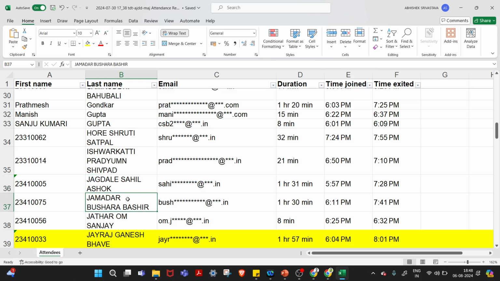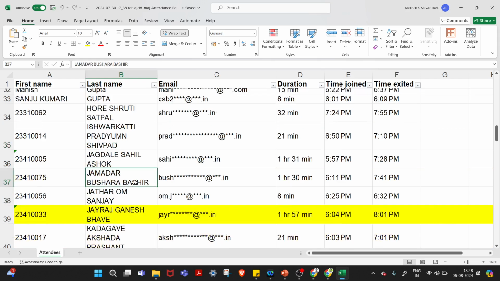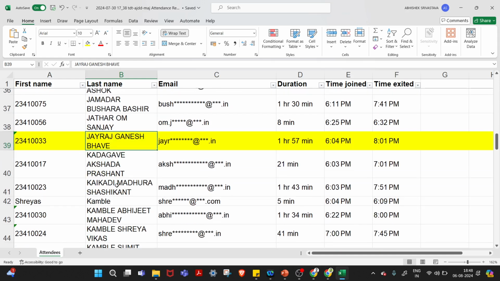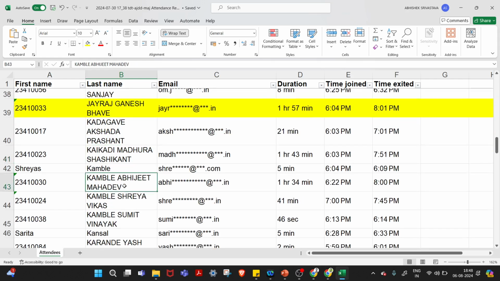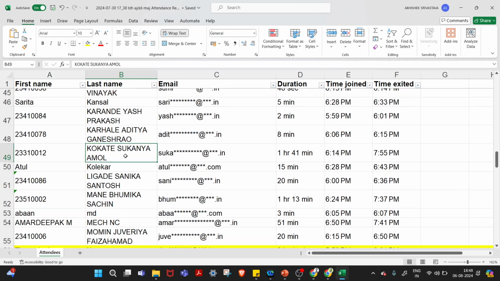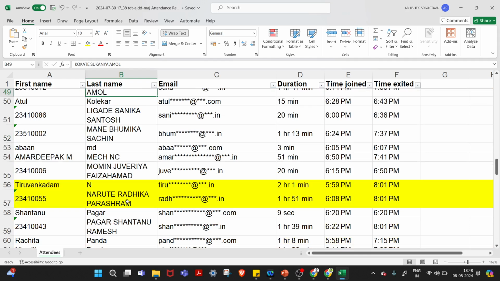Bushara Bashir was also there for more than 1.5 hours. Then we had Jairaj Ganesh Bhave, who stayed for quite a long while. Madhura Shashikant, Abhijit Mahadev Kamble, and Sukanya Amol, and then Thiru Venkadam, who was there for quite a long while.